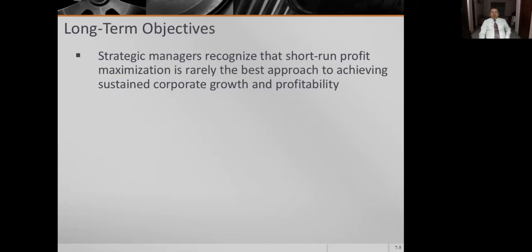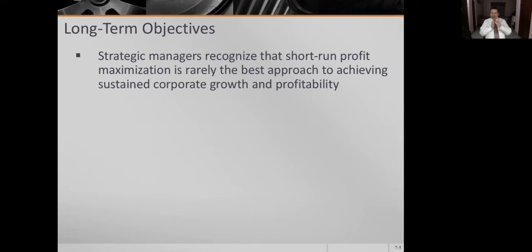So what is a long-term objective? The strategic managers recognize that short-run profit maximization is not really the best approach to achieving sustained corporate growth and profitability. This is inherent in the idea that I shared with you.